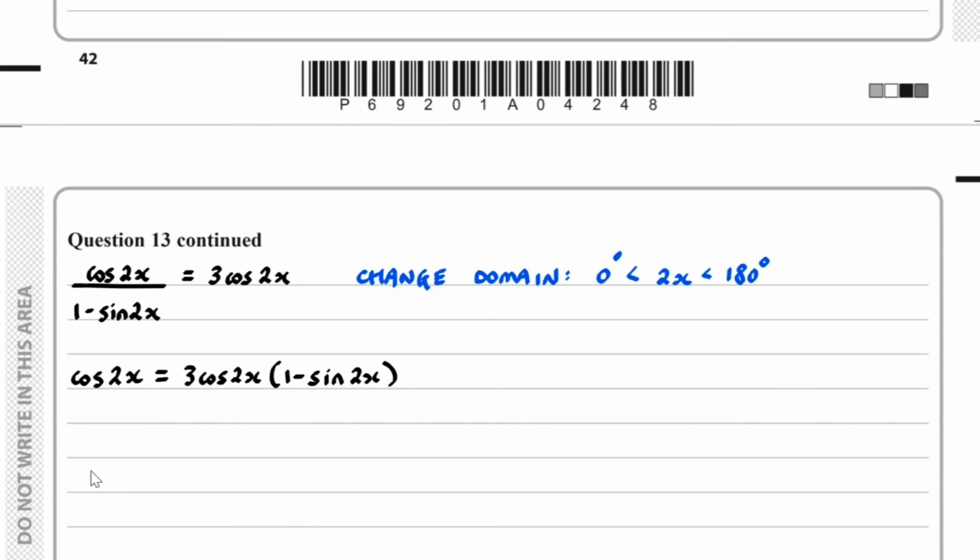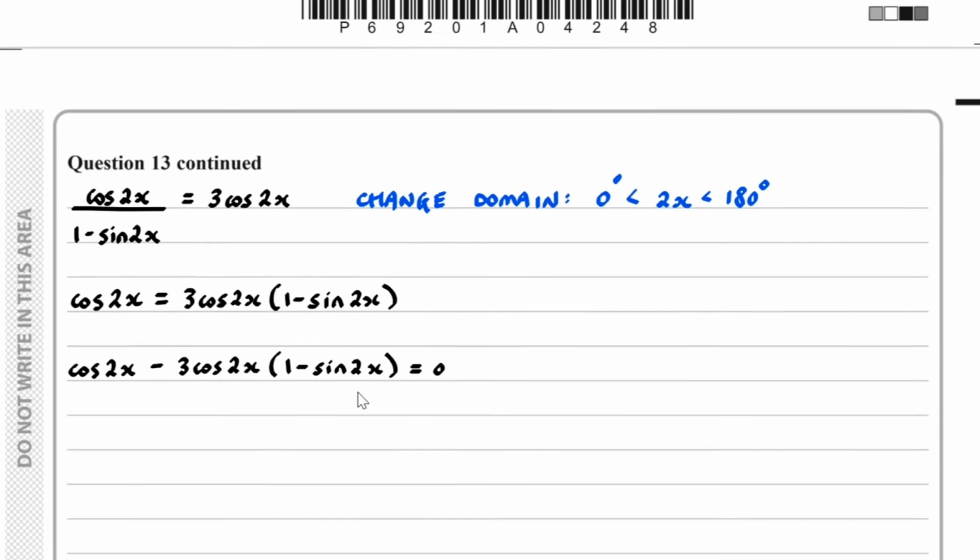And if we take everything over to one side, I've got cos 2x subtract 3 cos 2x multiplied by 1 minus sin 2x equals 0.